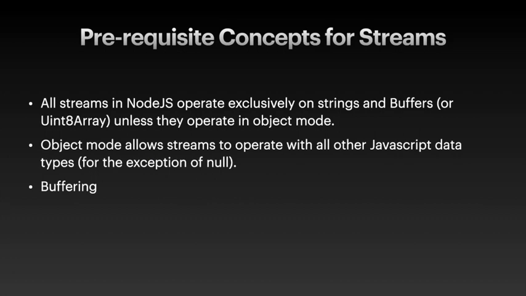All streams in Node.js operate exclusively on strings and buffers, or uint8 arrays, unless they operate in the object mode. So basically, the streams in Node.js operate on strings or a buffer, basically a uint8 array, and they flush them into the system, like we saw in the file example, or we're gonna see in future examples in future videos.